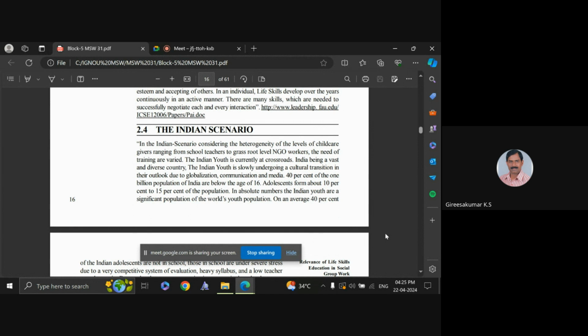That is, grassroots level NGO workers need training, and they are varied. India is a diverse, unity in diversity country. There will always be transition and globalization, communication and media.